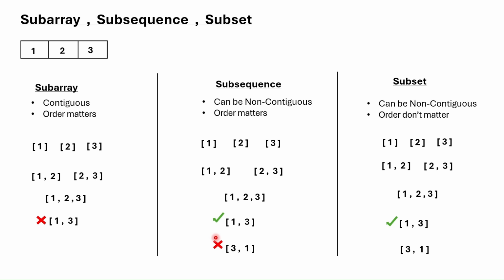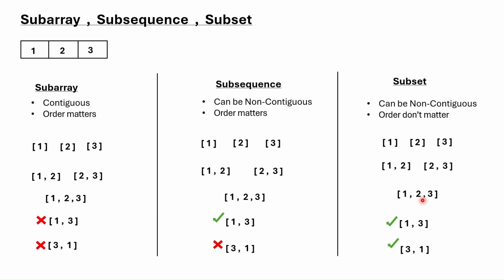But 3 1 can be a subset, because in a subset order doesn't matter. That's the difference between a subsequence and a subset. And for the subarray, it cannot be one because it is non-contiguous and its order also is not the same as the given array.